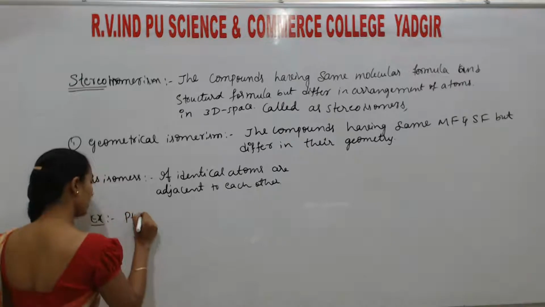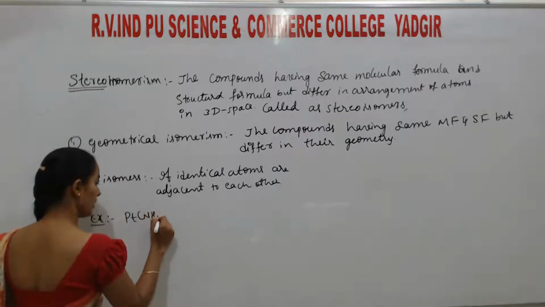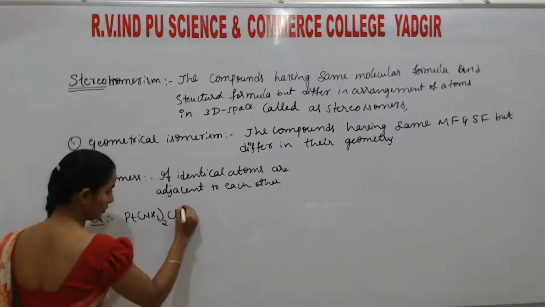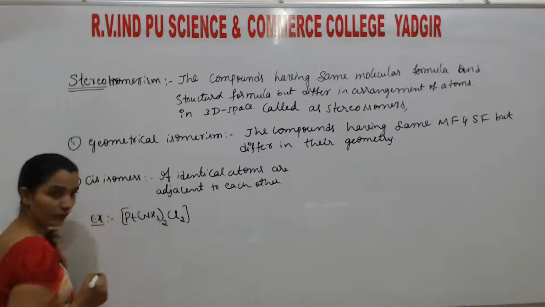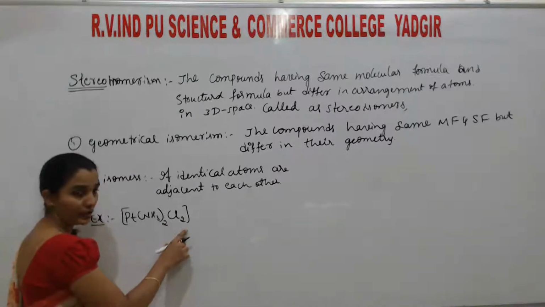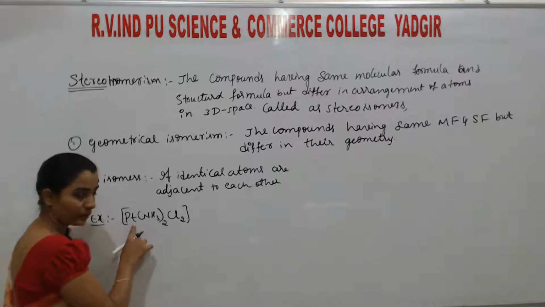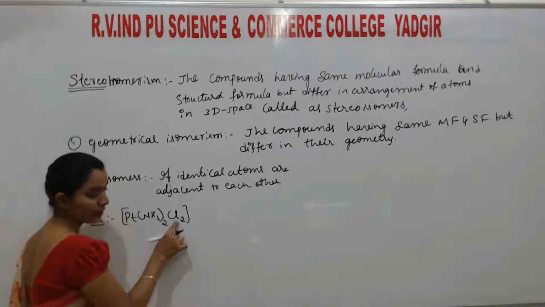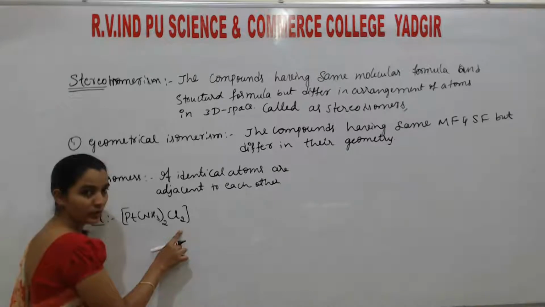So listen, platinum NH3 twice Cl2. So students, here two types of atoms are bonded to platinum. This is the central metal atom. This is NH3 twice, Cl2. Are you getting?